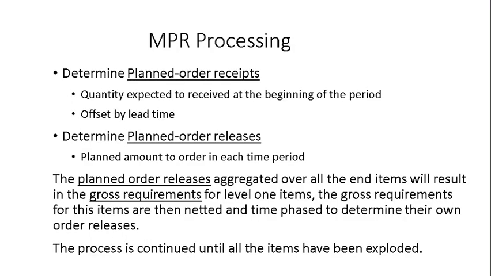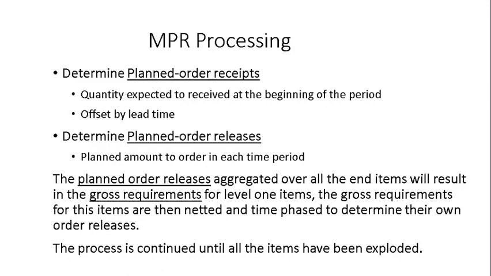Next, we determine the planned order receipts, which is the quantity that we expect to receive at the beginning of its period. So, as we said, we are following a time-phased approach. And of course, we have to account for the offset according to lead time. And then we have to determine the planned order releases, which is the amount to order for its time period.